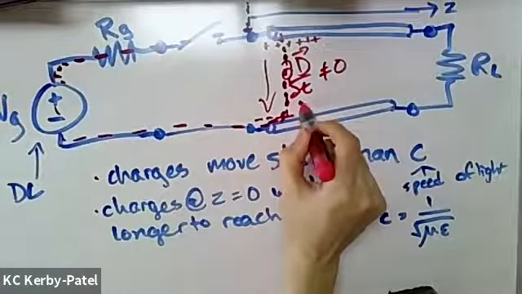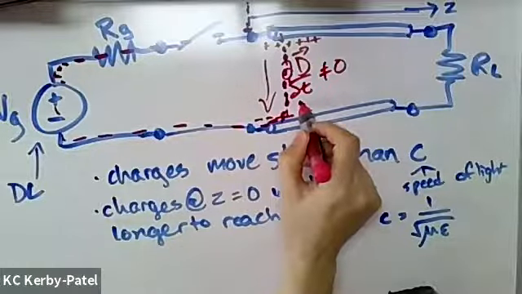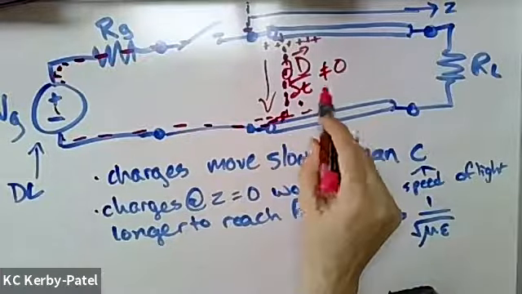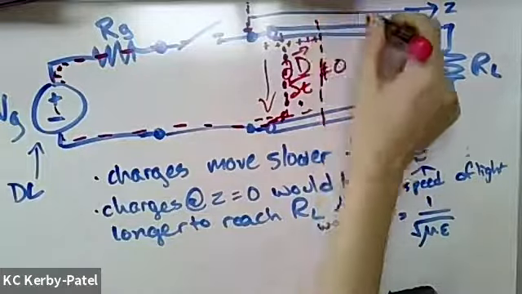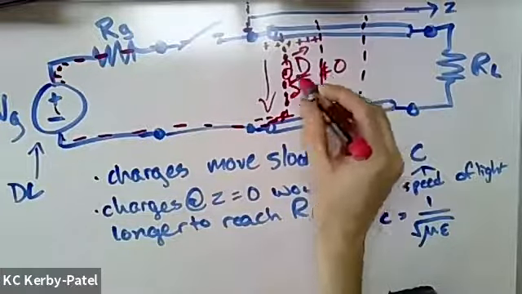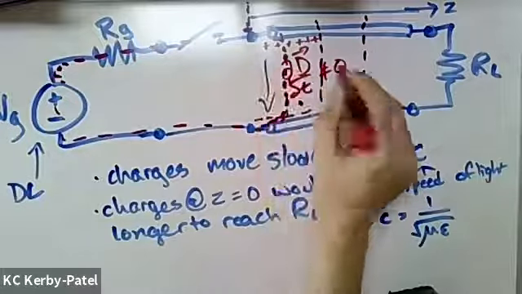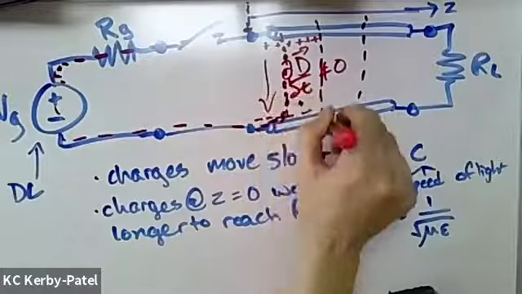This time-varying electric flux, this displacement current, gives rise to a time-varying magnetic field, which then gives rise to a voltage in the next segment over, right? So we get a time-varying magnetic field that circulates in between these two. Actually, it goes around the top line and also around the bottom line.